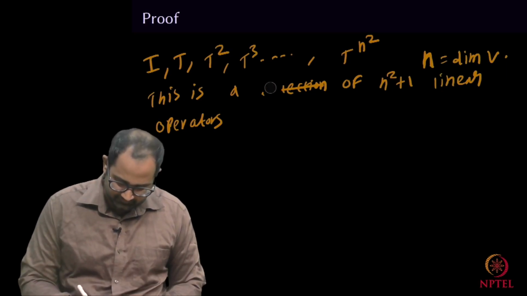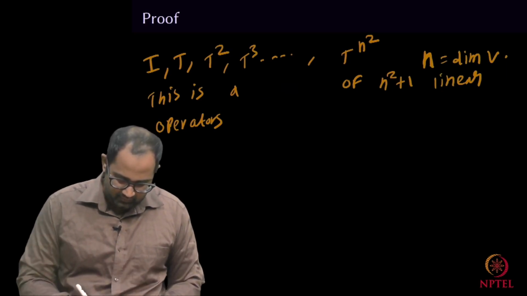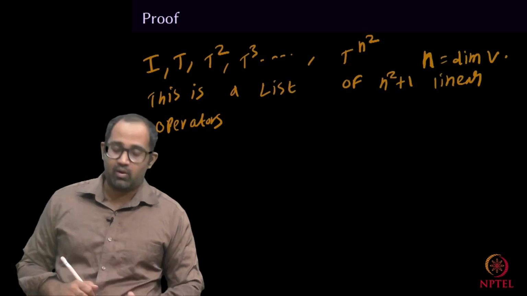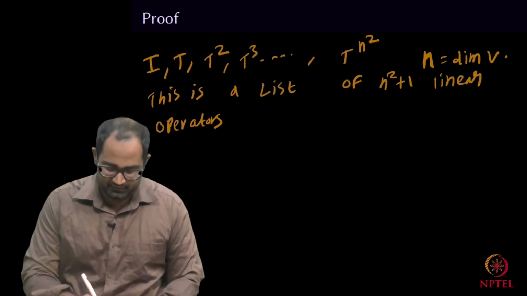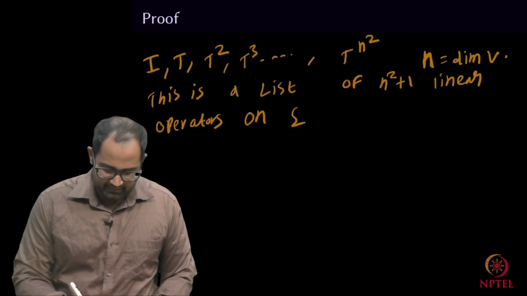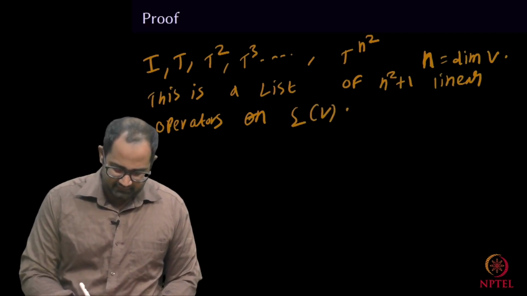This is a list of n squared plus 1 linear operators in L(V).